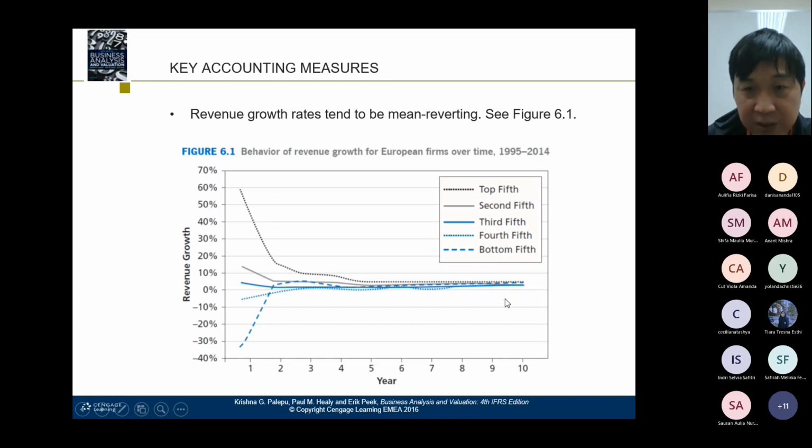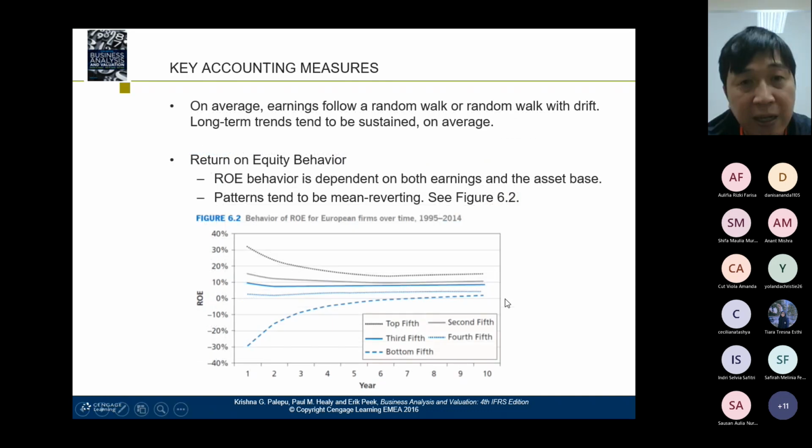Okay, so earnings follow a random walk or random walk with drift. Long-term trends tend to be sustained on average. Return on equity behavior is dependent on both earnings and asset base. Patterns tend to be mean reverting. Okay, this one, mean reverting.